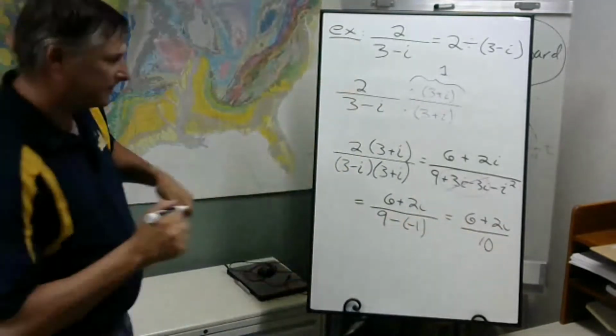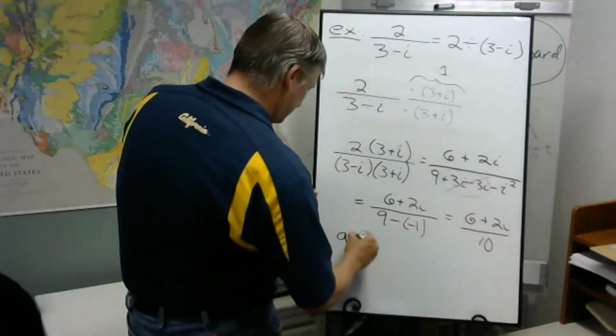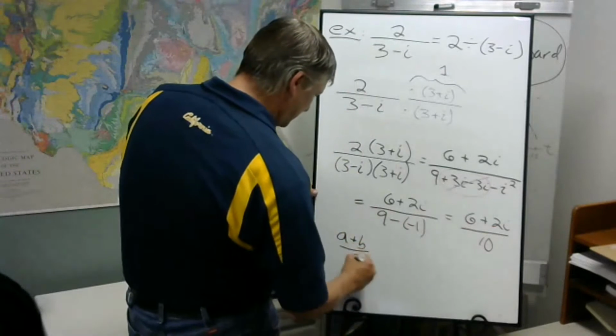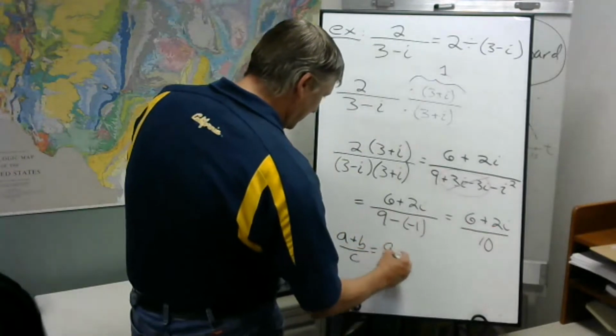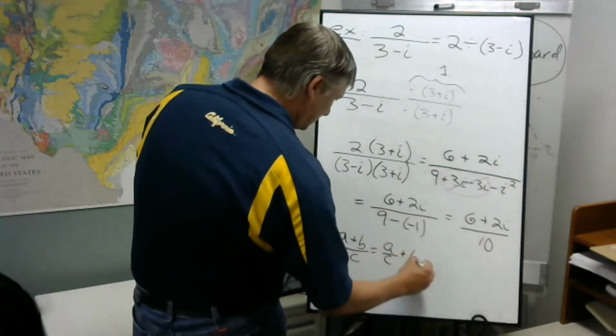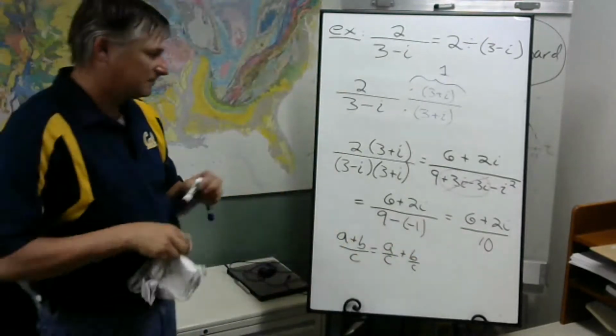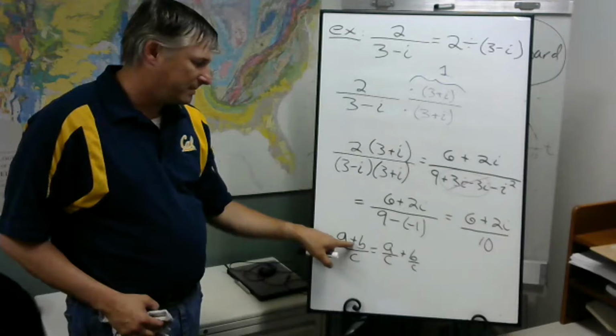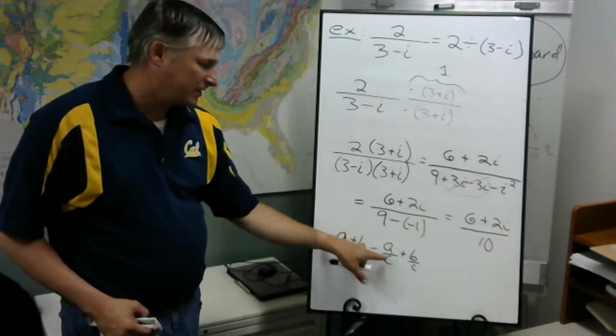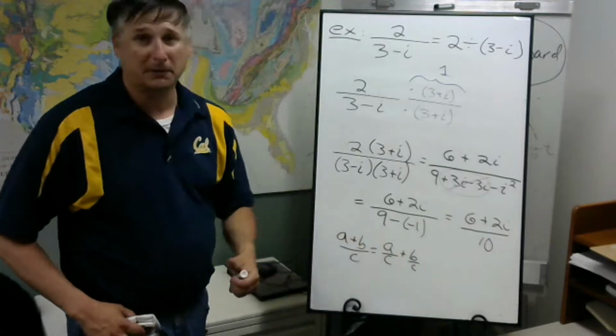Now I just want to review something. Keep in mind that a plus b over c is a over c plus b over c. And it's same if it was minus. So this was a minus b, you'd have a over c minus b over c.